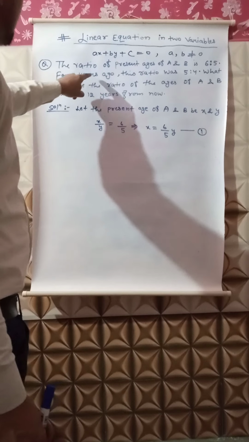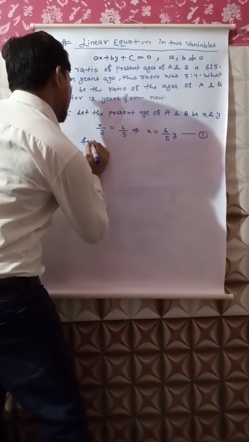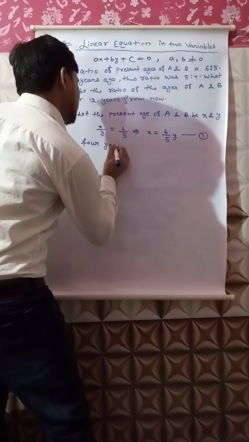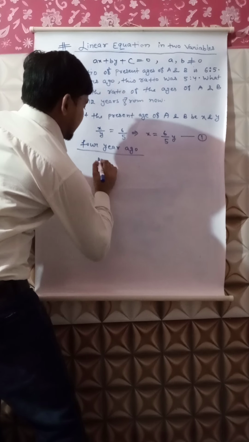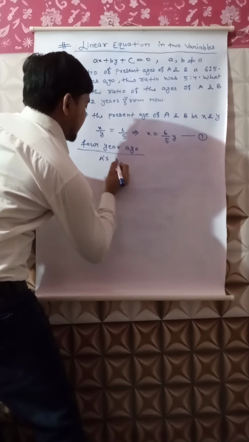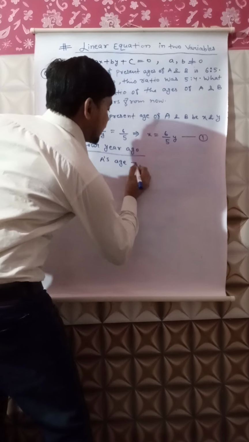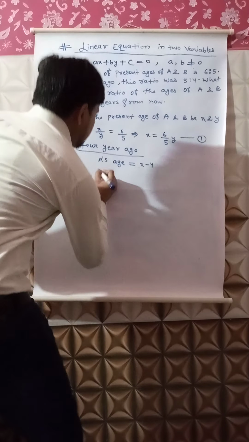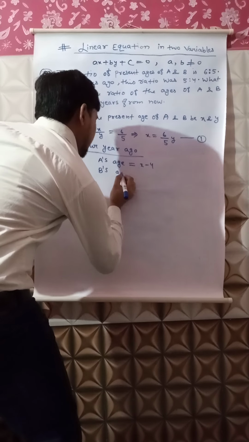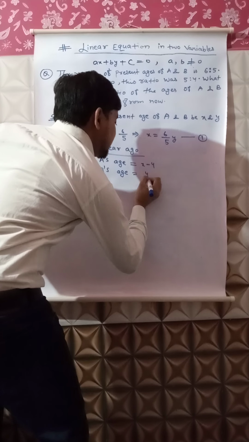Now the question is saying 4 years ago. What will be the age of A before 4 years? So before 4 years, A's age will be x minus 4, and B's age will be y minus 4.